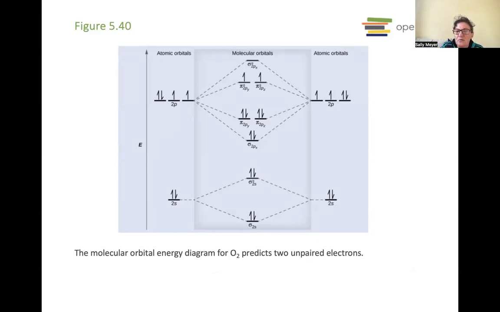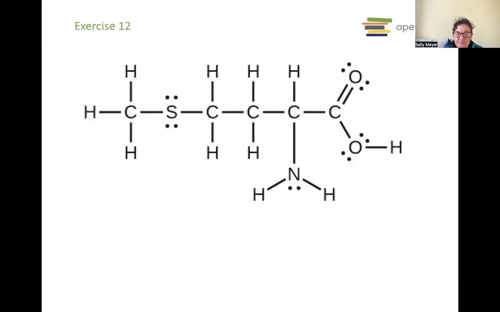Hund's rule tells us when we need to put in these last 2 electrons into those pi star orbitals, then Hund's rule says always put them into different orbitals if they have the same energy and don't pair their spins. So this shows you that we can understand the fact that oxygen is paramagnetic, which means it has unpaired electrons and would be attracted to a magnet, from molecular orbital theory, something we couldn't have understood from Lewis or from valence bond.